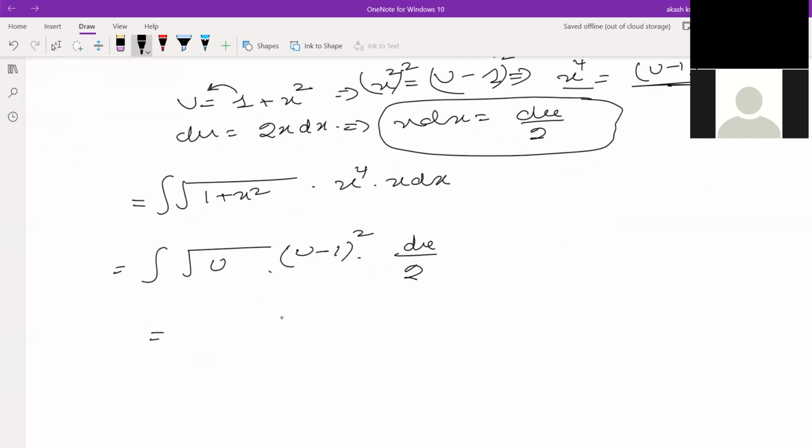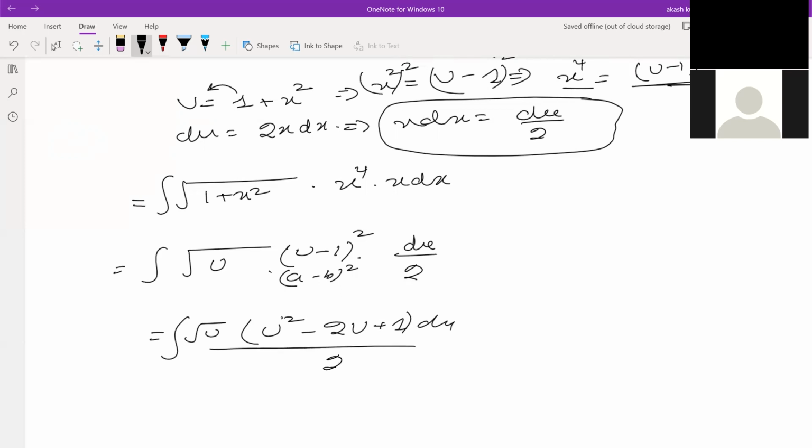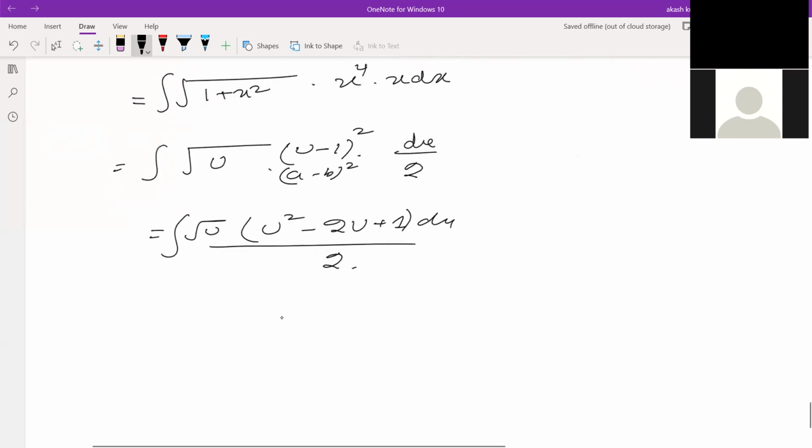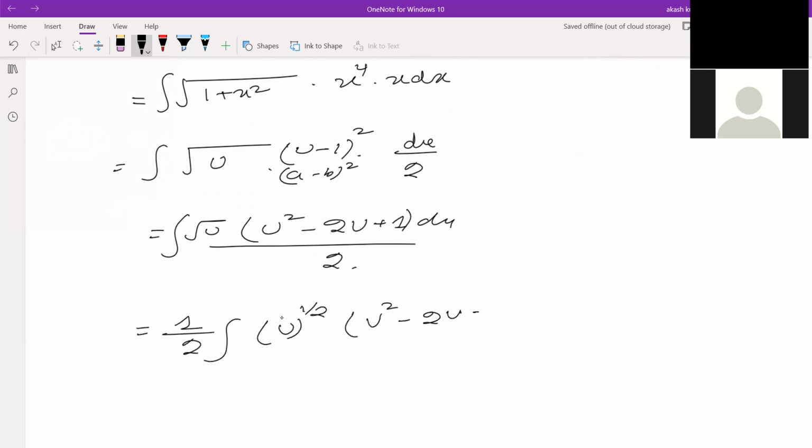And the square root of u. We can apply here the formula a minus b whole square. So it becomes a square, which is u square, minus 2ab, which is 2u, plus 1, whole, times du over 2. Can I take the constant out and write the square root of u as u to the half: half times u to the half times u square minus 2u plus 1 du.